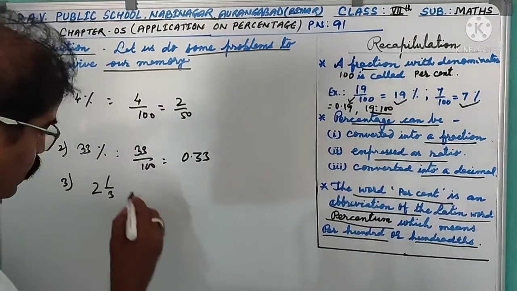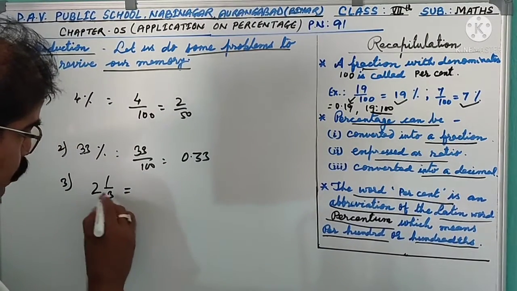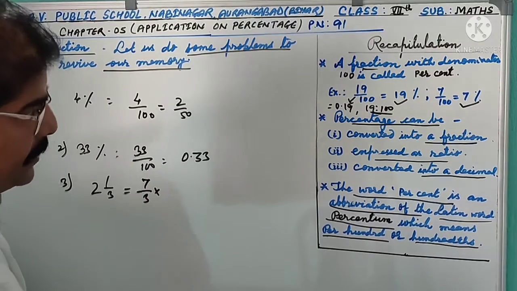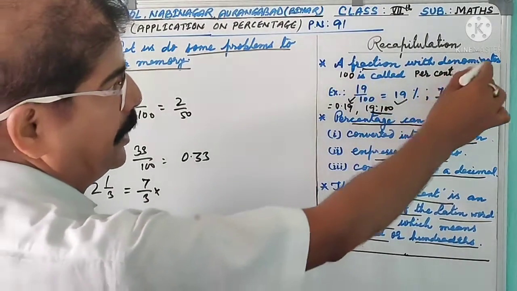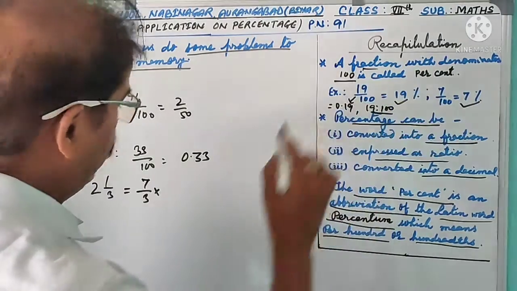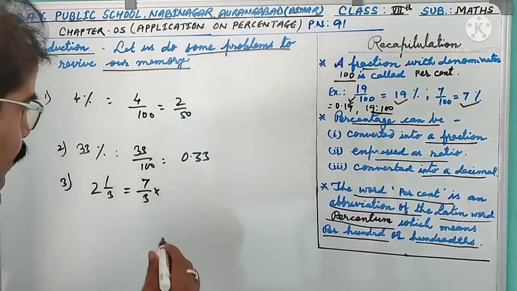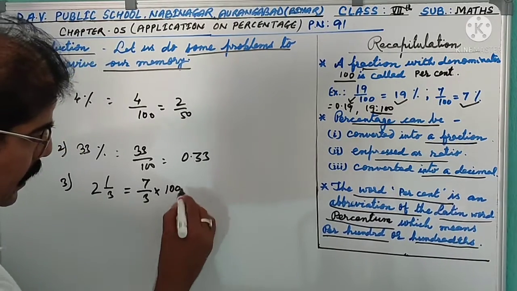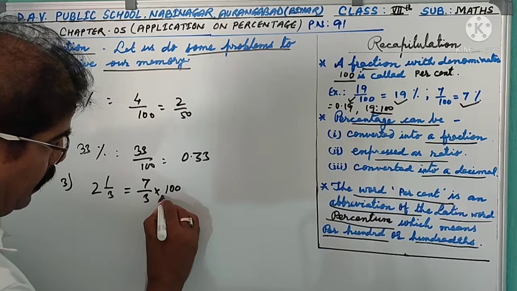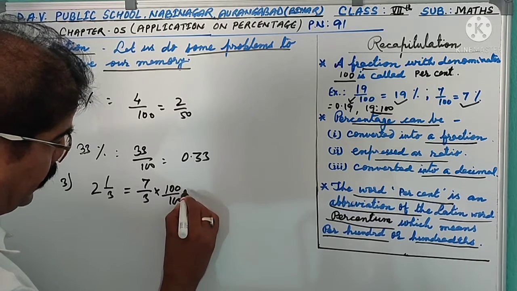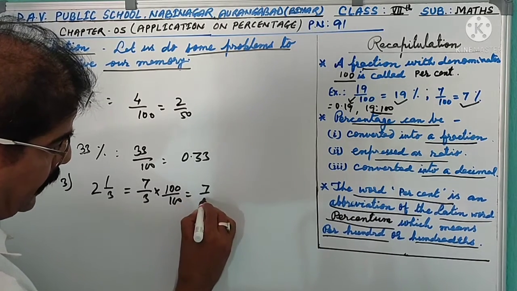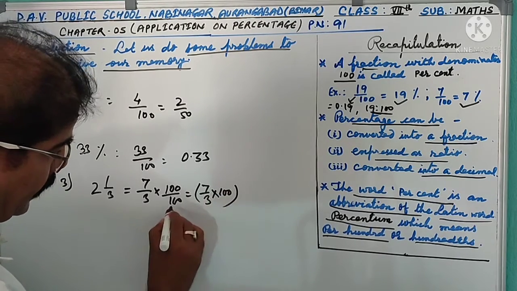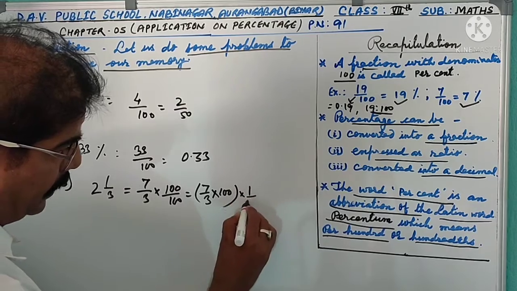So first you change it into fractional form. 2 threes are 6, plus 1, 7 by 3. We know that a fraction with denominator 100 is called a percentage. So you multiply by 100 by 100. That means 7 by 3 into 100 and into 1 by 100.